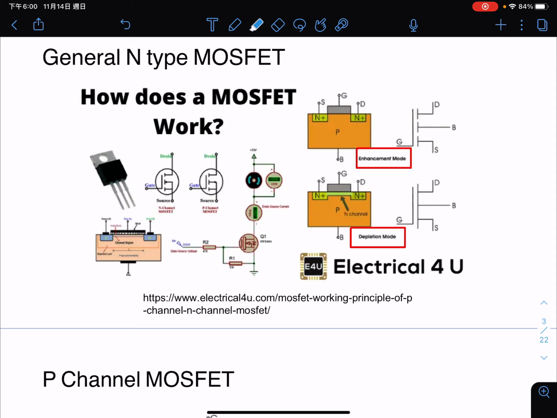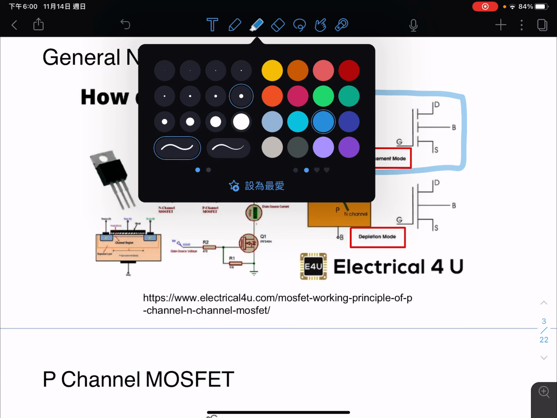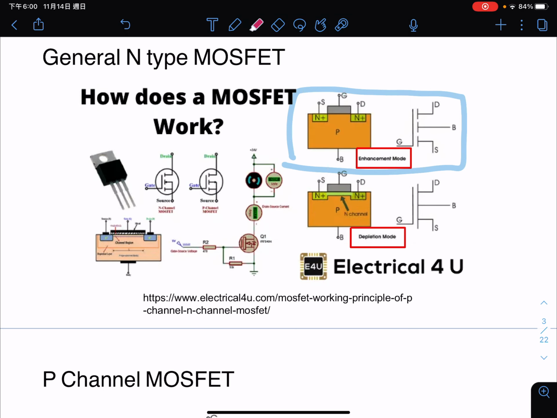There are two types of MOSFET. We just talked about the first type, which we call the enhancement type. This is the symbol. The second type is called the depletion mode, or depletion type, of transistor.